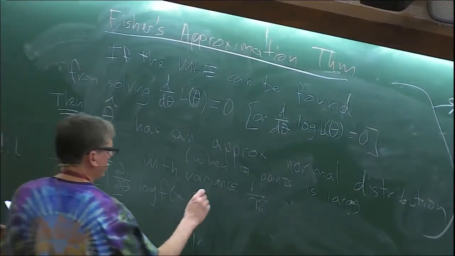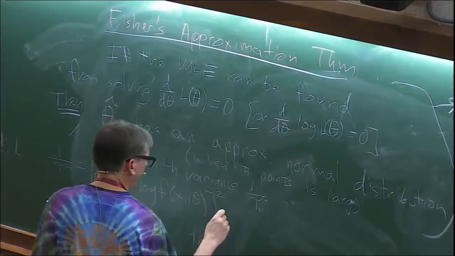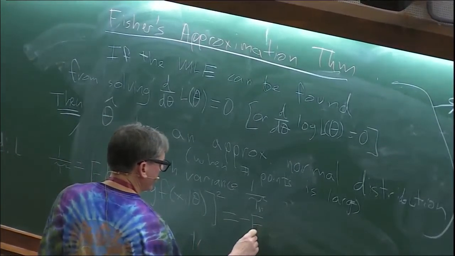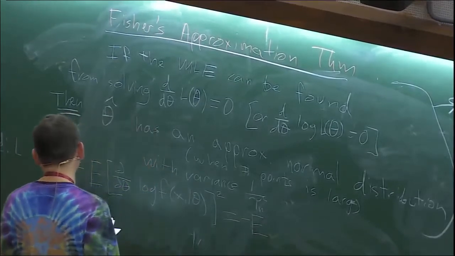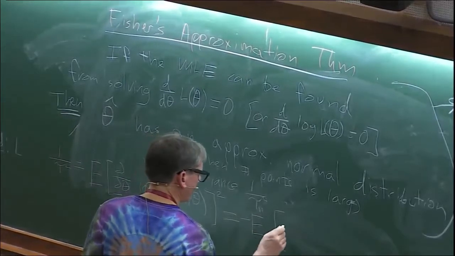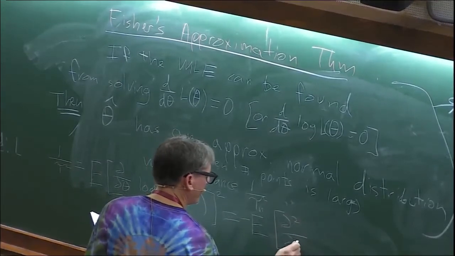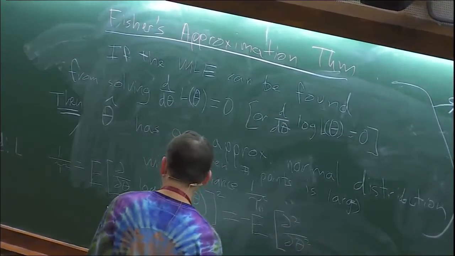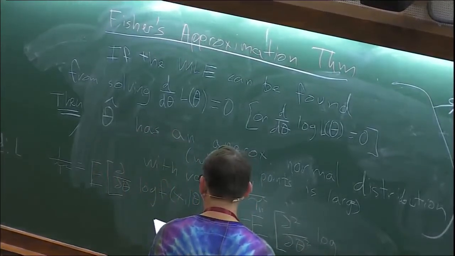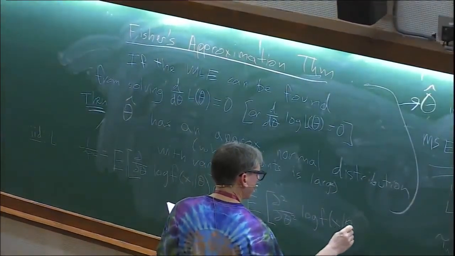It's this expectation squared, and that turns out to be the same. The derivation is given in the notes. I'm not going to try to do it in class. If you don't like squaring things, it turns out to be exactly the same as the expectation of the second derivative with respect to theta of the log of f of x given theta.